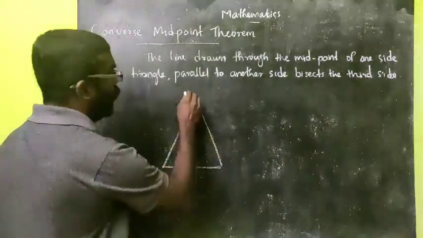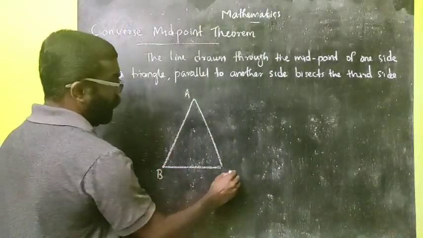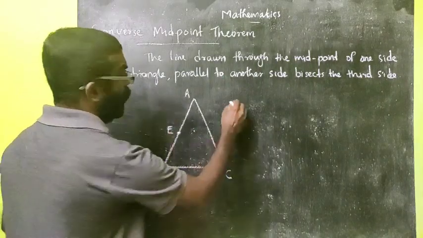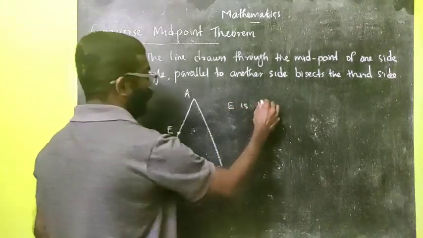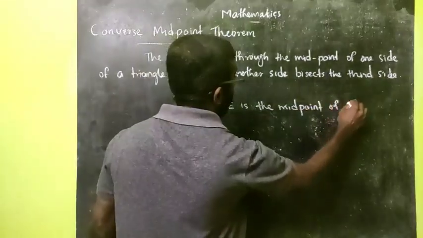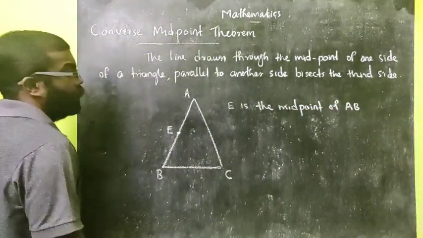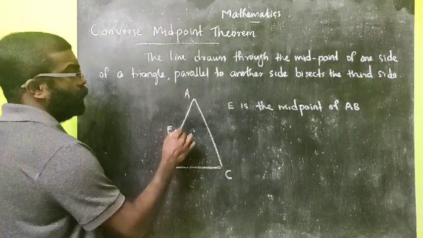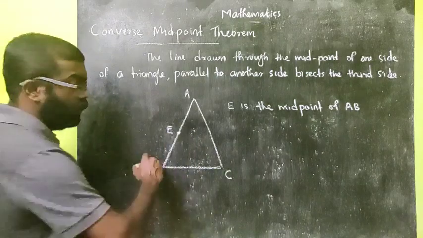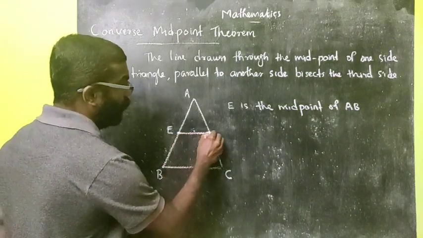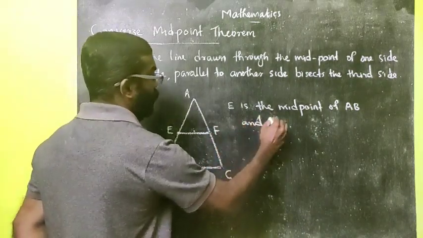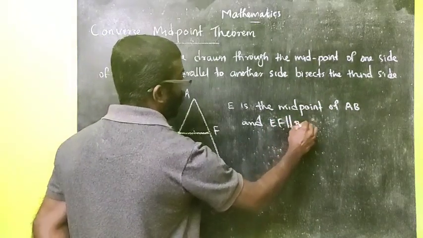So in this triangle ABC, we can consider the midpoint of AB as E. So here E is the midpoint of AB. And we draw a line through the midpoint of AB, that means through E, and which is parallel to BC. So here we can say EF is a line parallel to BC.